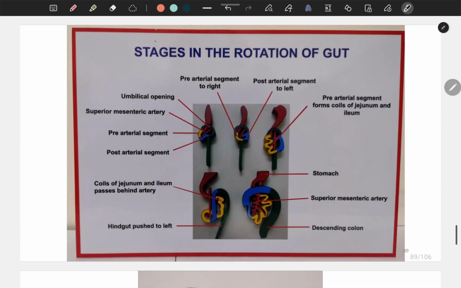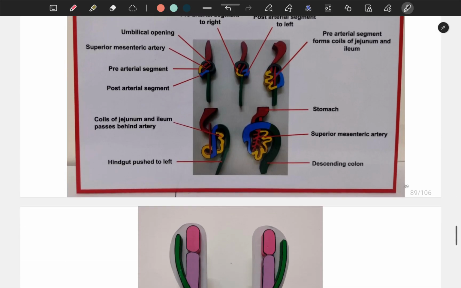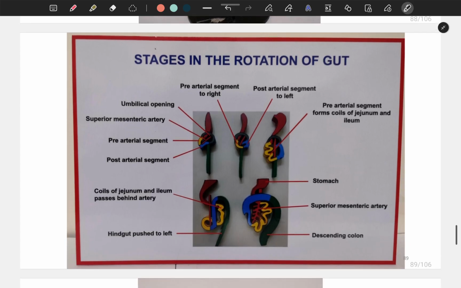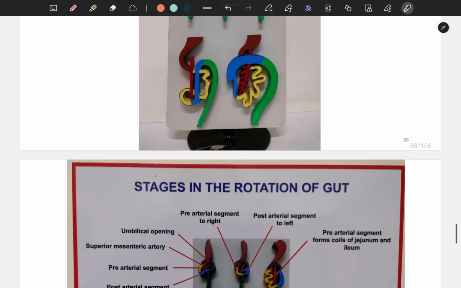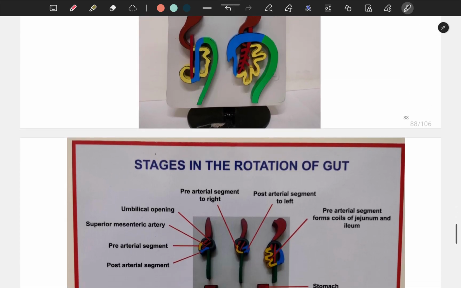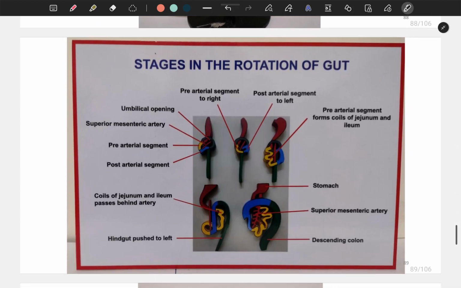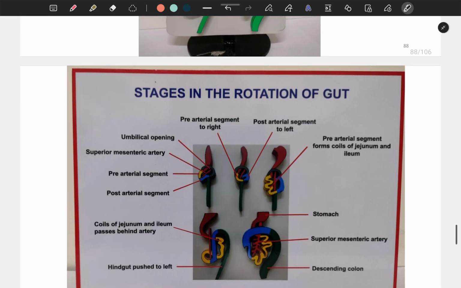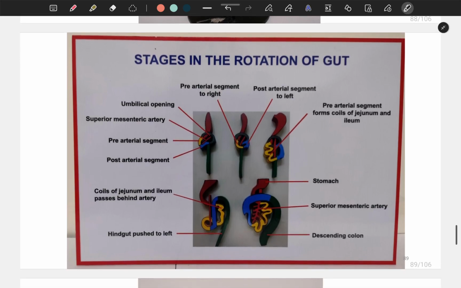Now coming to the midgut rotation, formation of midgut. Starting here you can see physiological hernia takes place in the 6th week. Okay, so here foregut, the midgut will herniate outside.